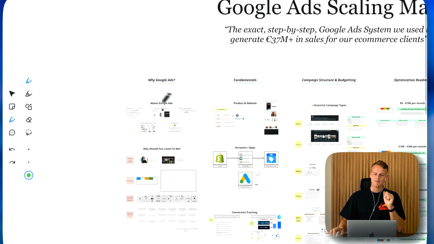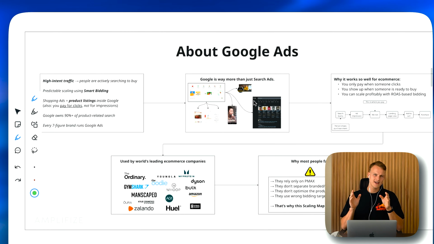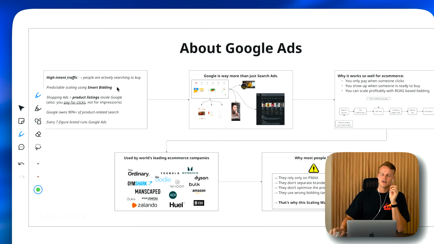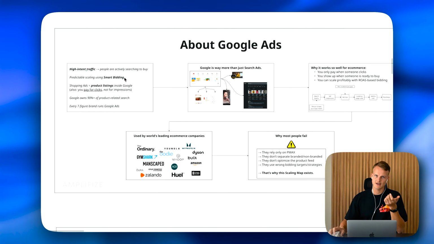So let me shortly introduce Google Ads for you, right? So why is Google Ads so important? Google Ads is a traffic source where people are already looking for your product or for the solution that your product provides. So if you compare that, for example, to Meta Ads, on Google Ads, people are literally searching for what you have to provide, and on Meta Ads, you're interrupting their scrolling or dopamine hitting or whatever.